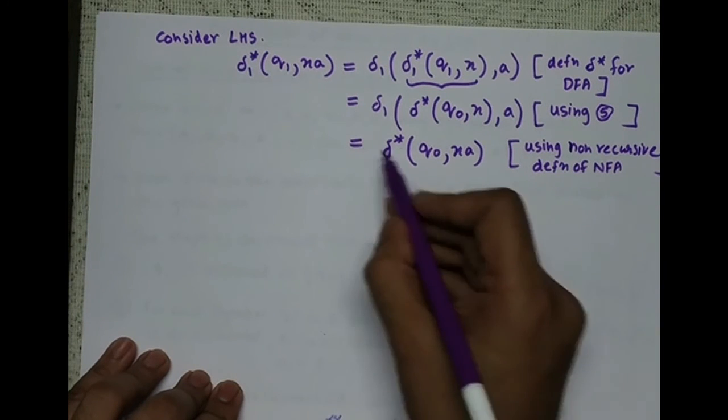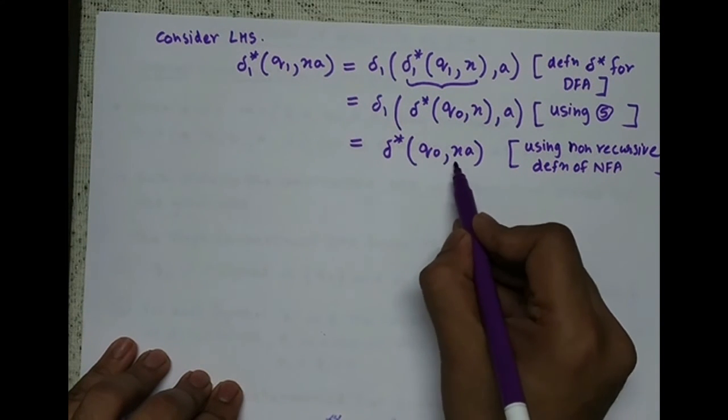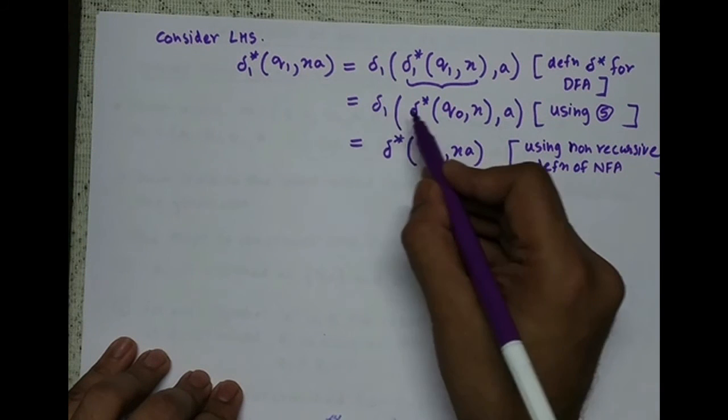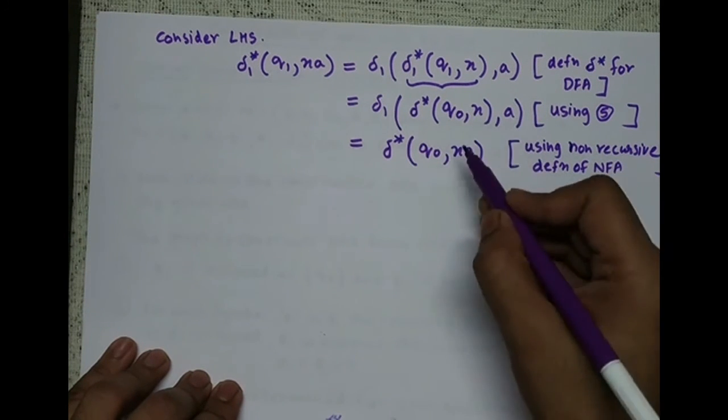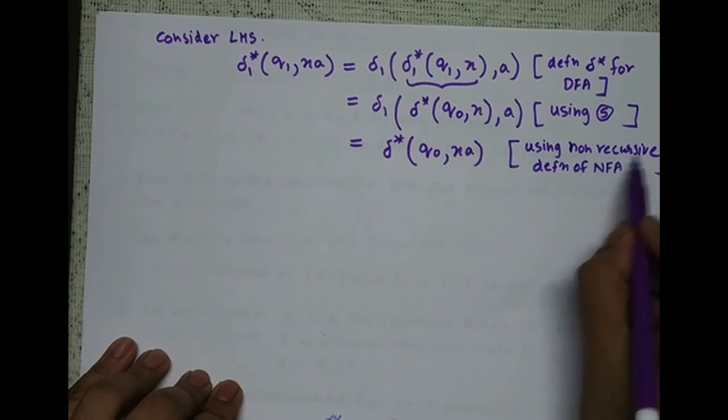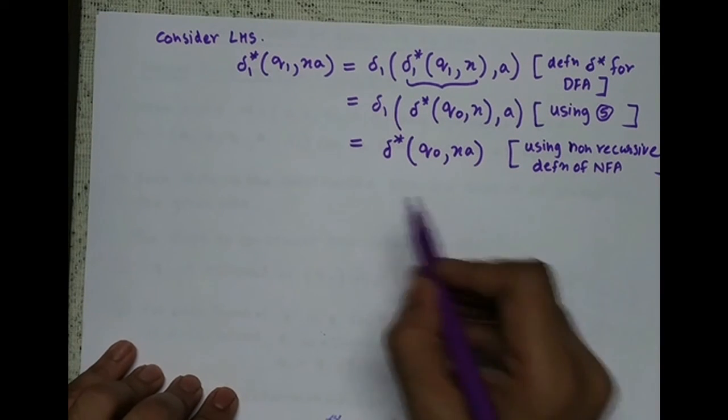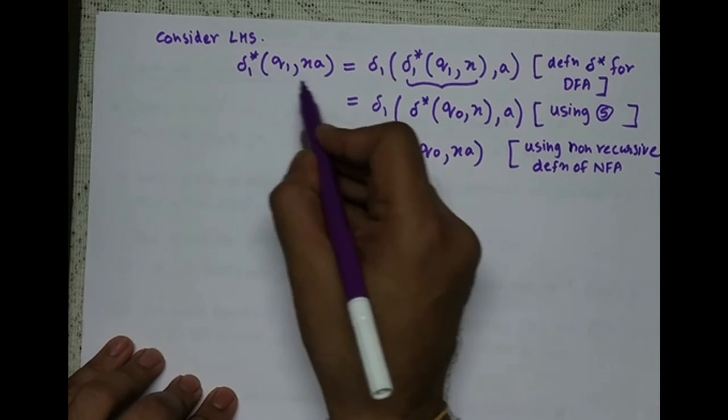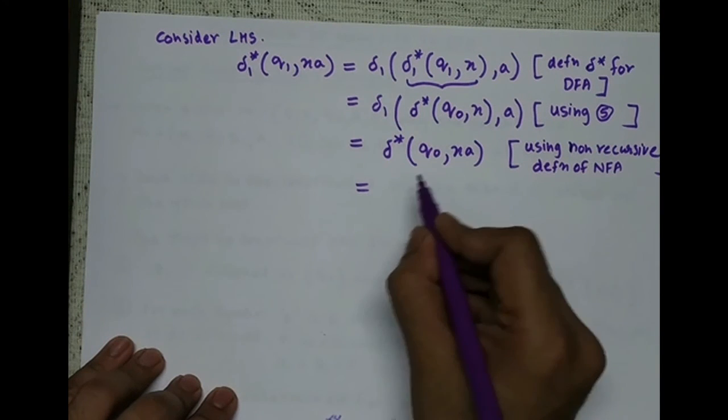Actually del star of q0 comma xa can be written as del of del star of q0 comma x, comma a. So the left hand side is now equal to the right hand side.